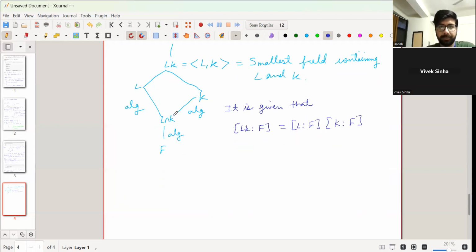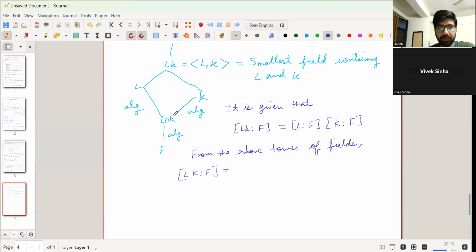So from the diagram of the above tower of fields, LK over F is what?